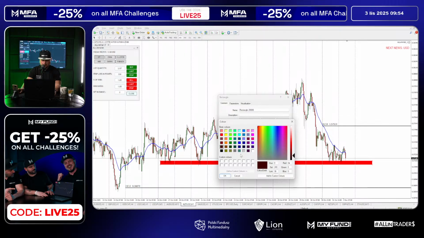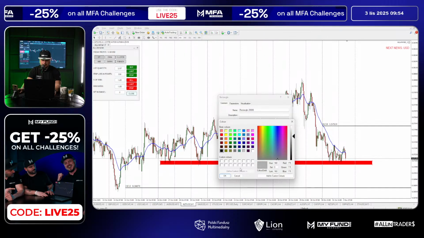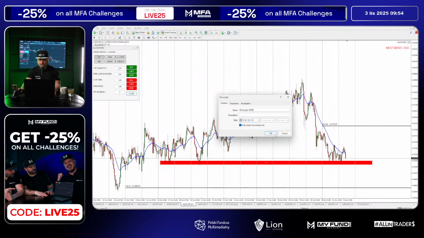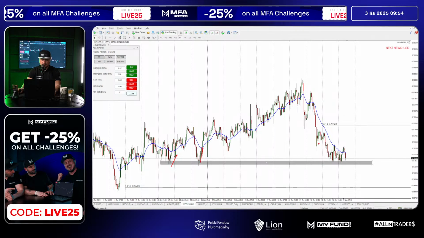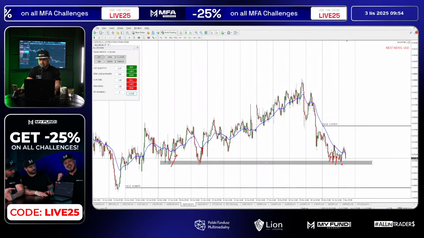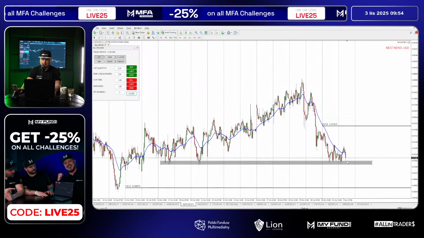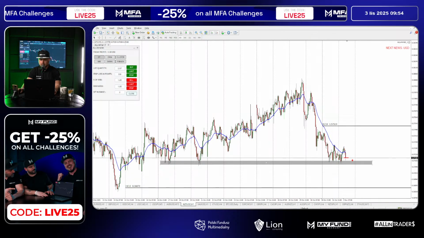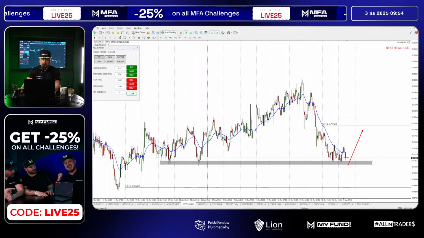I don't want to make any decisions before this area because of course price might react at this area. We've had reactions over here, right here. They cannot break through. Okay, they got a problem to break through this area.